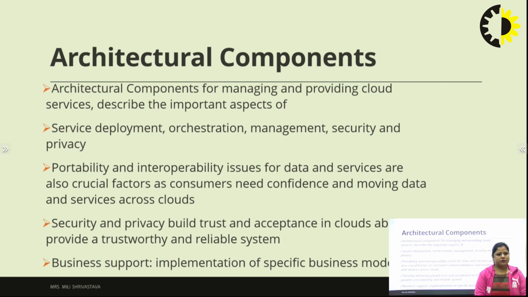Portability and interoperability issues for data and services are also crucial factors, as consumers need confidence in moving data and services across clouds. Security and privacy build trust and acceptance in cloud's ability to provide a trustworthy and reliable system. Business support implements specific business models.